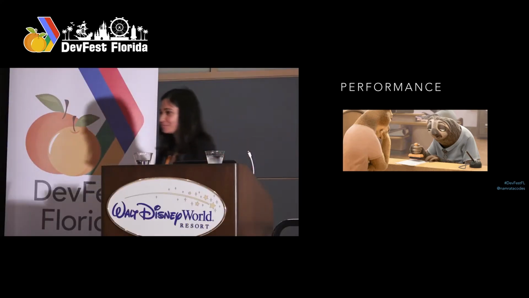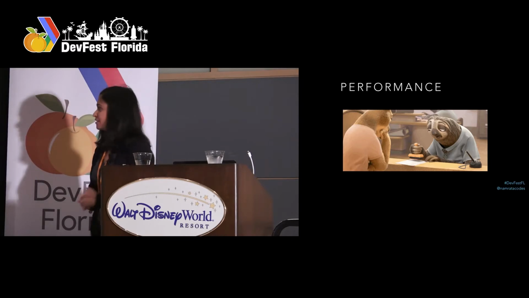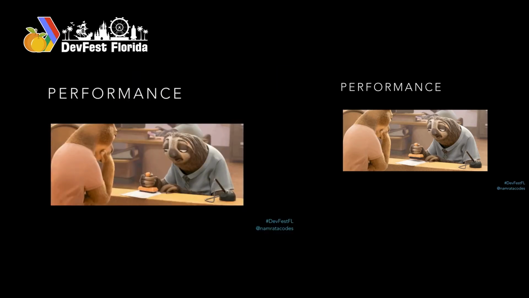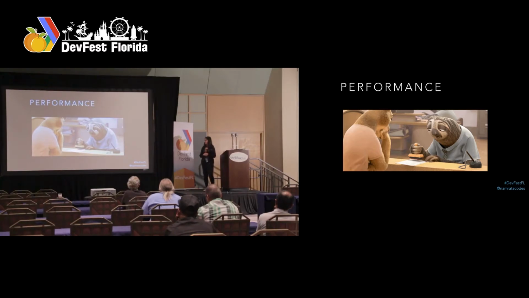So let's talk about the performance with this method of executing FFmpeg as a separate binary in a shell process. When I would share any GIF in the WeatherGIF app, it would take forever, about 15 to 20 seconds, to share it to Instagram. And I think this GIF from Zootopia depicts it really well.